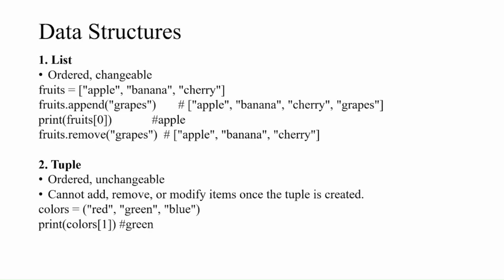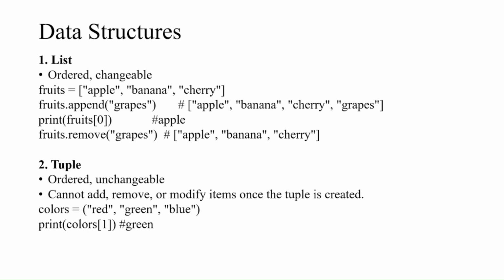Data structures. List, tuple, set and dictionary are called data structures. First one is list. The items in the list must be enclosed with square brackets. List is ordered and changeable. Ordered means the items in the list are in sequence.